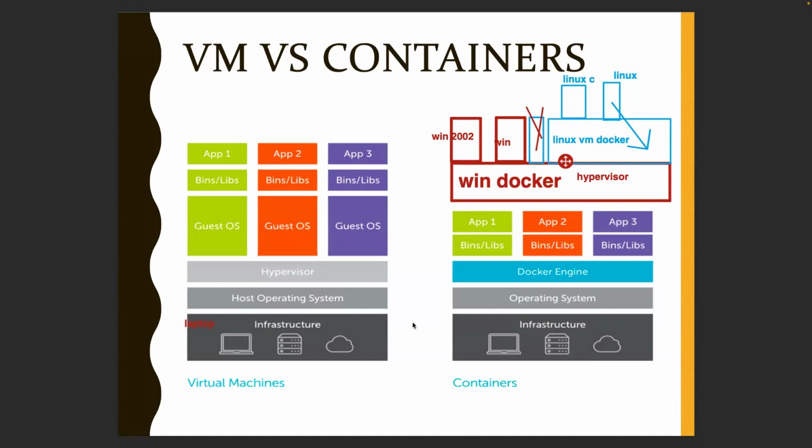The point here is your containers are running on some host. The host operating system should match the container operating system. You can run containers only with the operating system of the same host. Here, this Linux VM is the Docker host for these containers. For the blue ones, this is the Docker host.